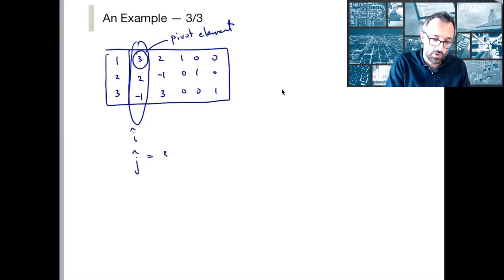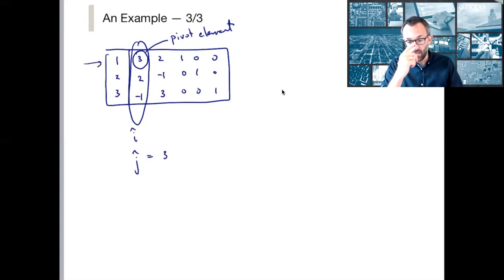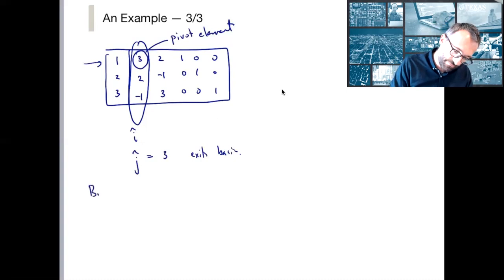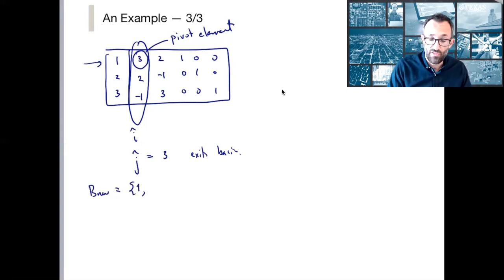It's 3 because it corresponds to the first element of the basis, which is 3, 4, 5, is the basic variable that exits. So my new basis is equal to 1. 2 was never going to be in it. 3 used to be in it but exited. And 4 and 5 remain in it.